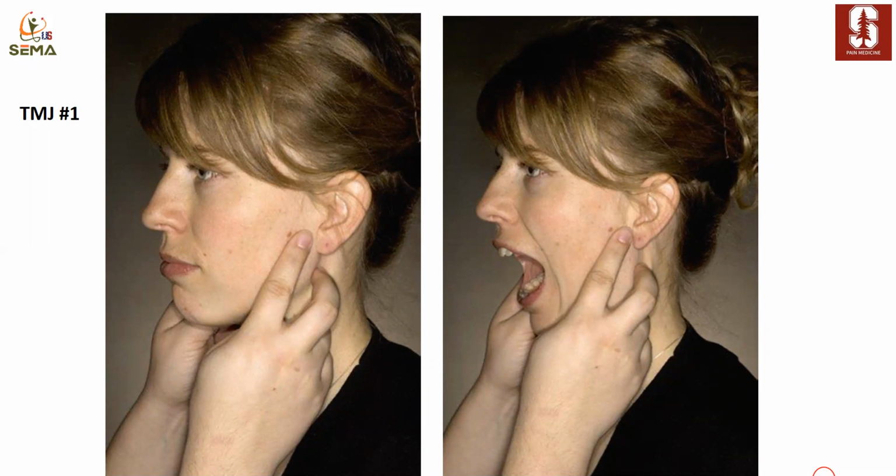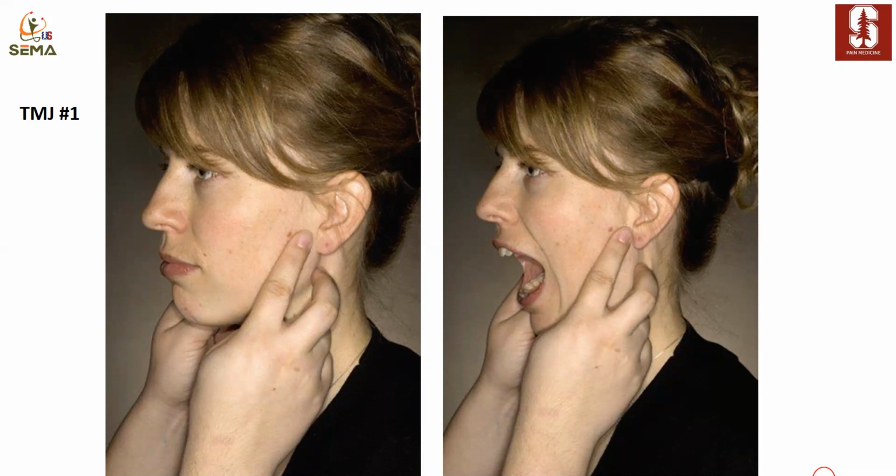So first of all, you're just palpating the joint. As you see, you're putting your middle finger just underneath the ear, behind the mandibular joint, and you're touching the joint right here and asking the patient to open her mouth or his mouth, and you feel for any click, any dislocation, any limitation.